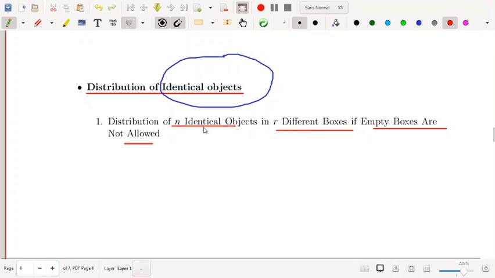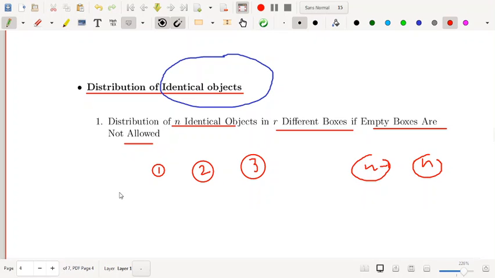So this is the distribution of n identical objects. Let us put n identical objects on the floor in a line, 1, 2, 3, all identical objects, n minus 1 and n.